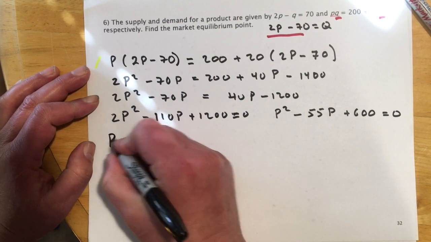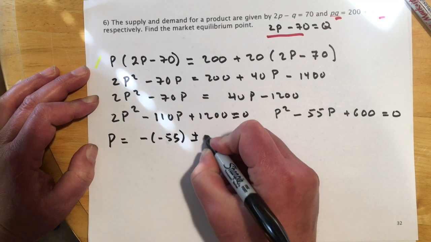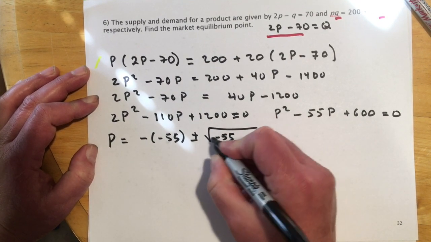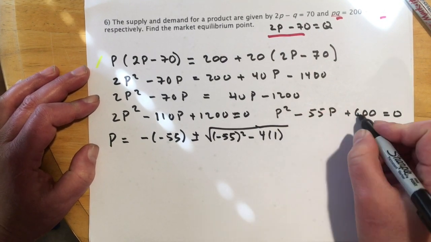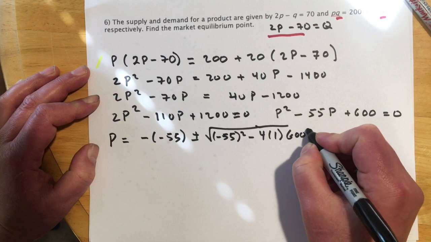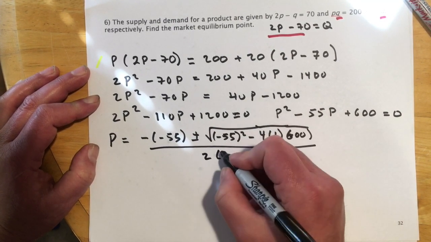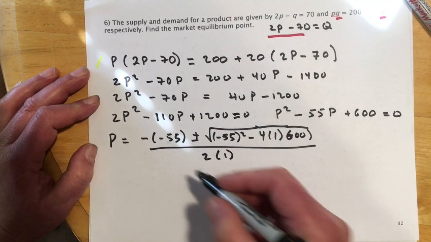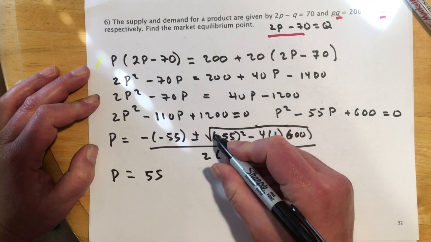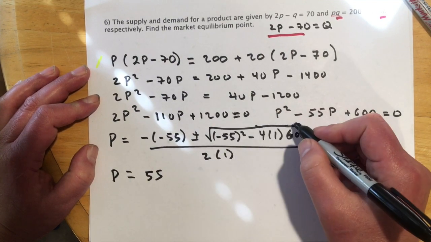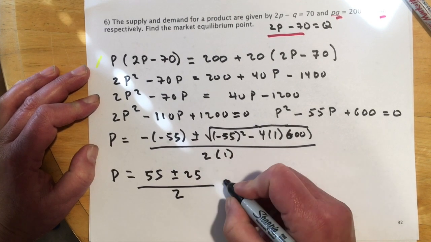And now plugging all that in, P equals 55 plus or minus the square root of negative 55 squared minus 4 times A times C, all over 2A. And then I plugged all that in and got P equals 55, and doing this up, I got 625, and then the square root made 25 over 2.